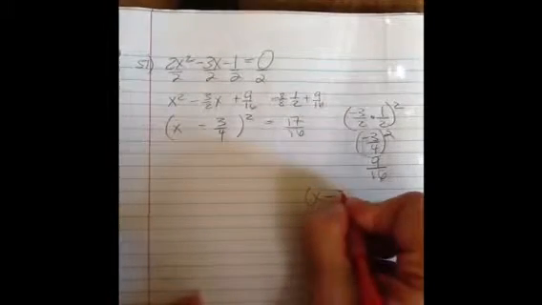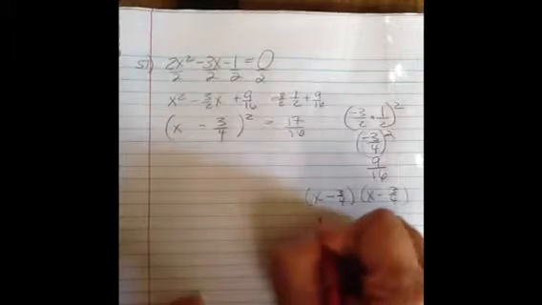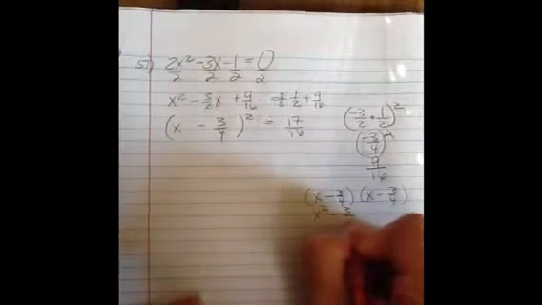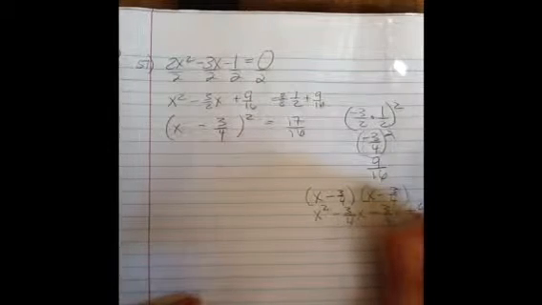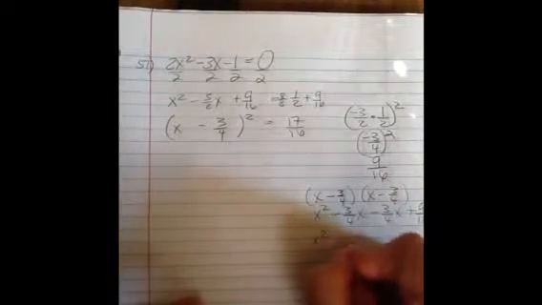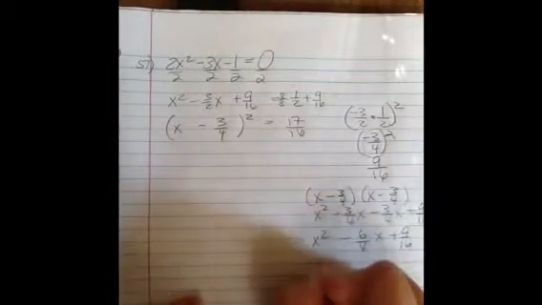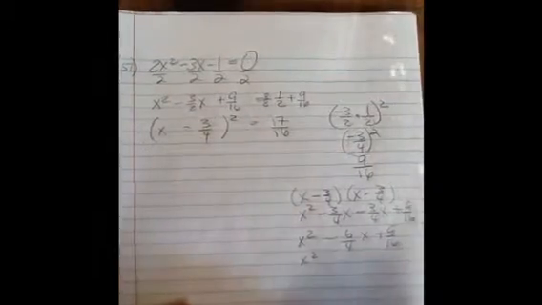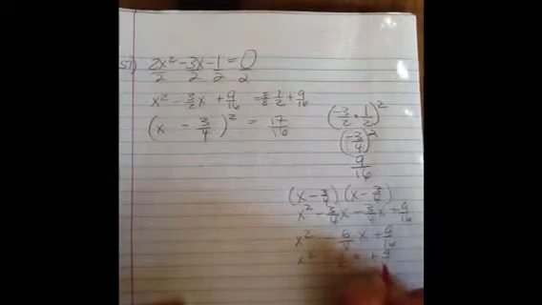Well, if I take this and I FOIL it, I'm going to get x squared minus 3/4 x minus 3/4 x plus 9/16. And I get, this is my middle term, which, by the way, reduces to 3/2.